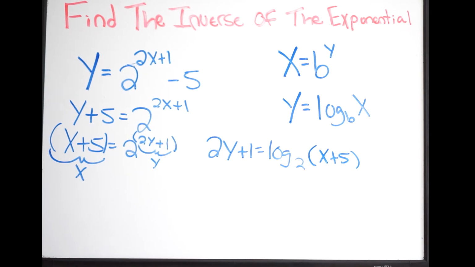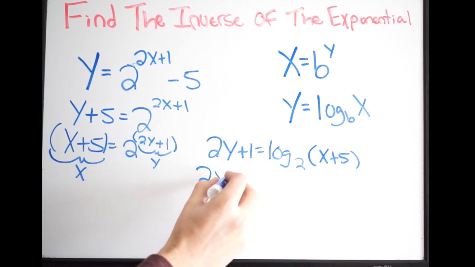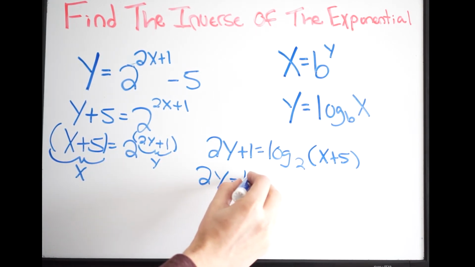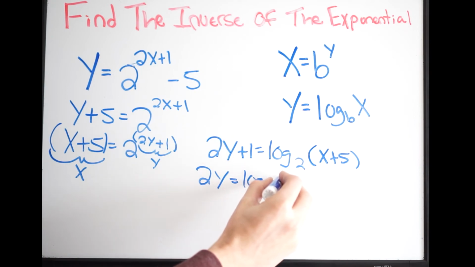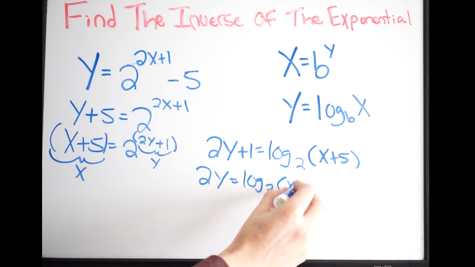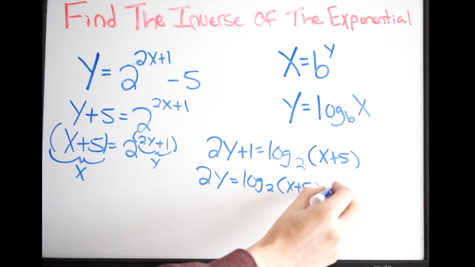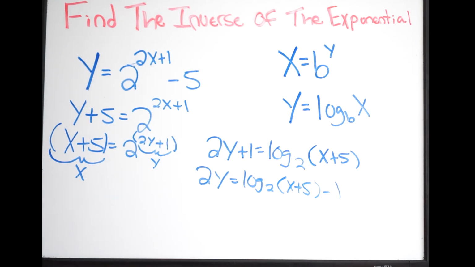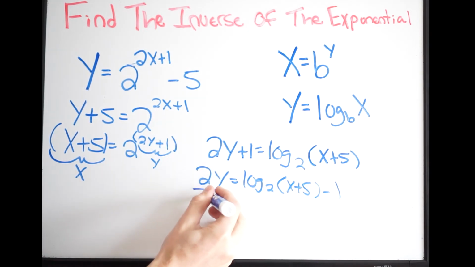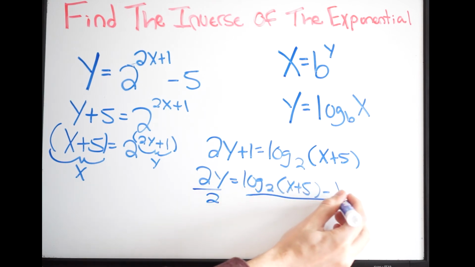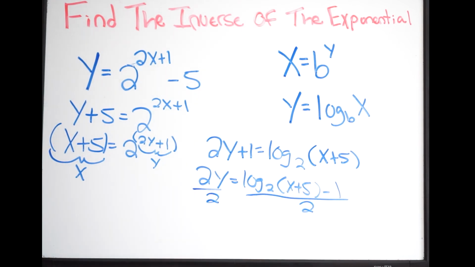So we got a couple more steps here. We want a minus 1 on both sides, so now I get 2y equal to log base 2 of x plus 5 minus 1. Our last step, divide by 2, right? So we want to divide this whole thing by 2. We can go ahead and just write it like this.